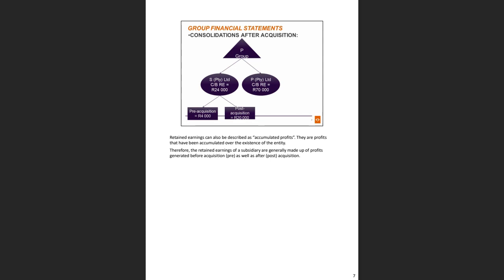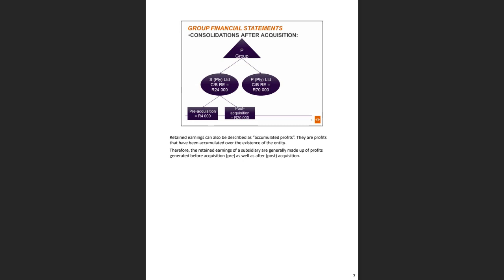So in this example here, the closing balance of retained earnings for the parent company was 70,000, and the closing balance of retained earnings for the subsidiary was 24,000. Now we have said that this closing balance of retained earnings needs to be analyzed further, because in here are the pre-acquisition profits and the post-acquisition profits.